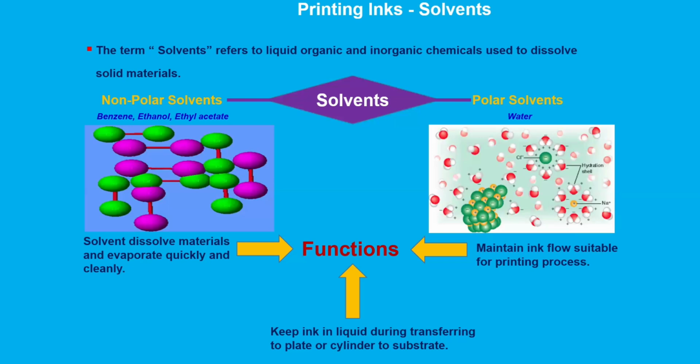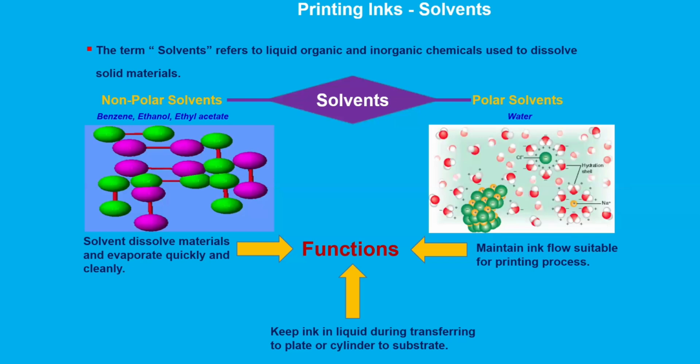Another function of solvents is to maintain ink flow suitable for printing. If we need a thin ink or a thick ink, we control it with the help of solvents. Solvents also keep the ink liquid during transfer from the plate or cylinder to the substrates. So what will happen if you do not add solvents? This is a very important question.